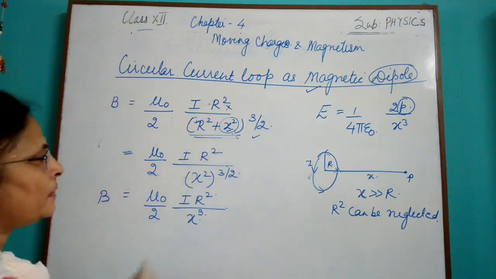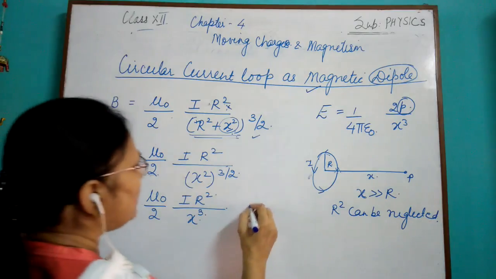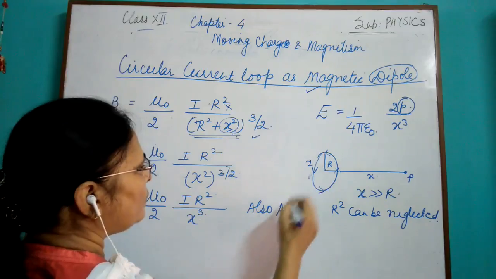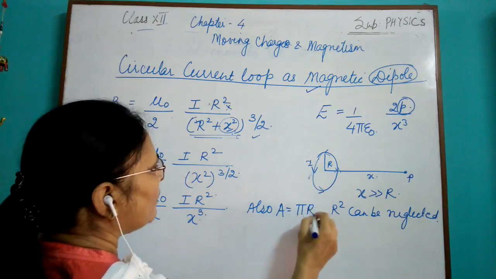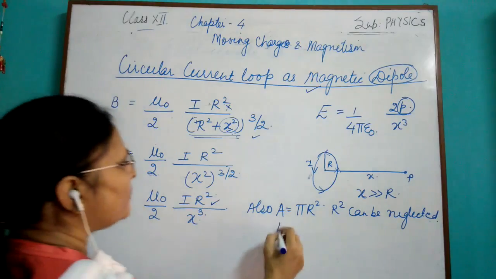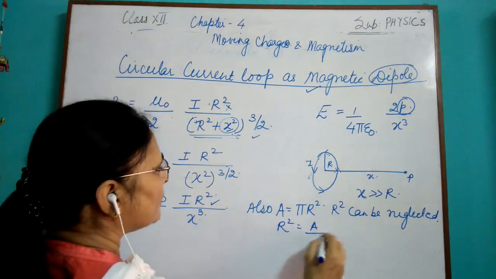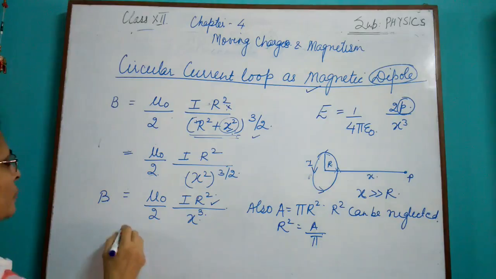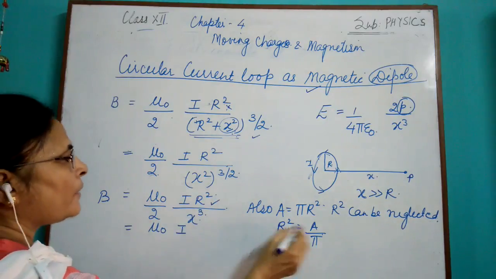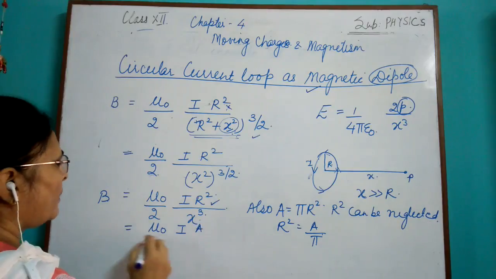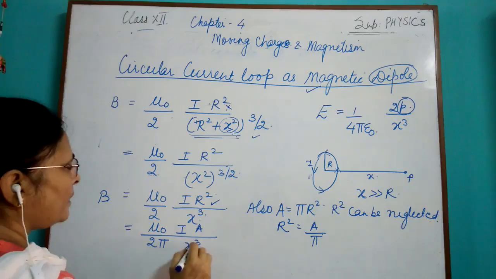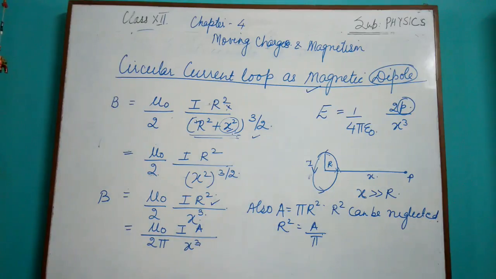I want to bring it in this form. We know that the area A of this current loop will be equal to pi r square. So r square can be substituted as A upon pi. Substitute it here: mu naught I in place of r square, A upon 2 pi x cube.